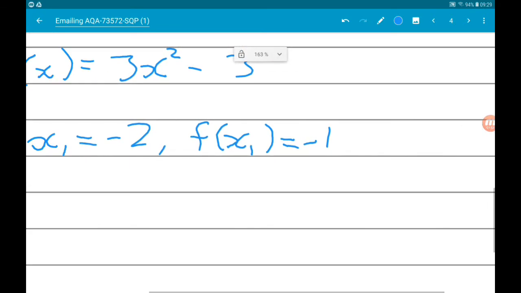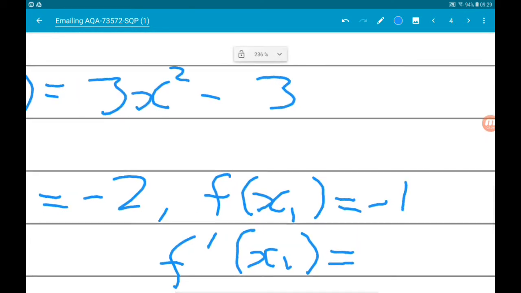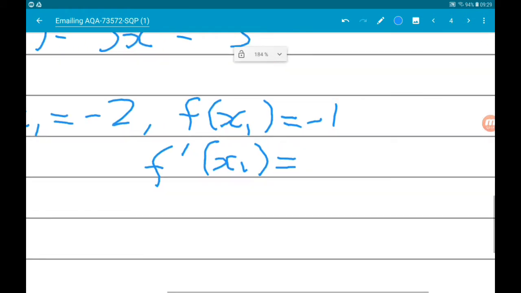And f dashed of x1, well, that's going to be the value of f dashed of x when x is equal to minus 2. So minus 2 squared is 4. 3 times 4 is 12. Minus 3 is 9.